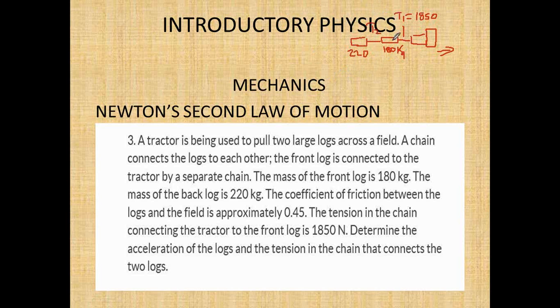If you just look at the logs, call this log 1 and log 2. Log 1 and log 2 are being pulled by the tractor trailer. The force pulling it to the right is 1850, so the net force pulling it is going to be 1850 minus the friction. So what we're going to do is separate these out.